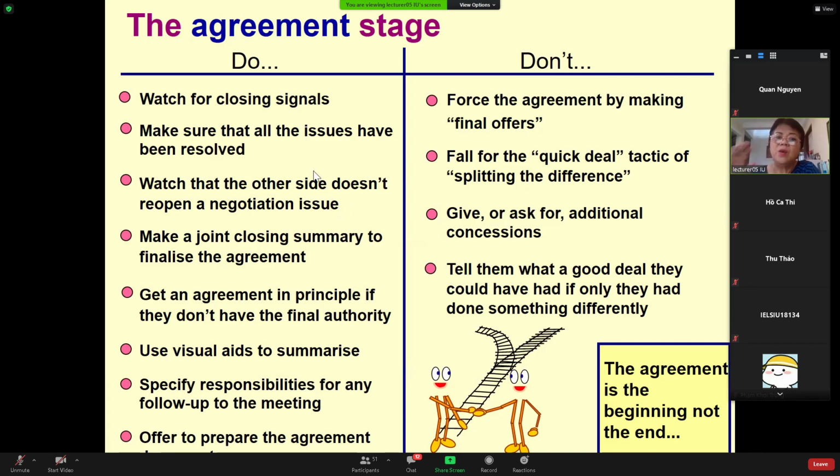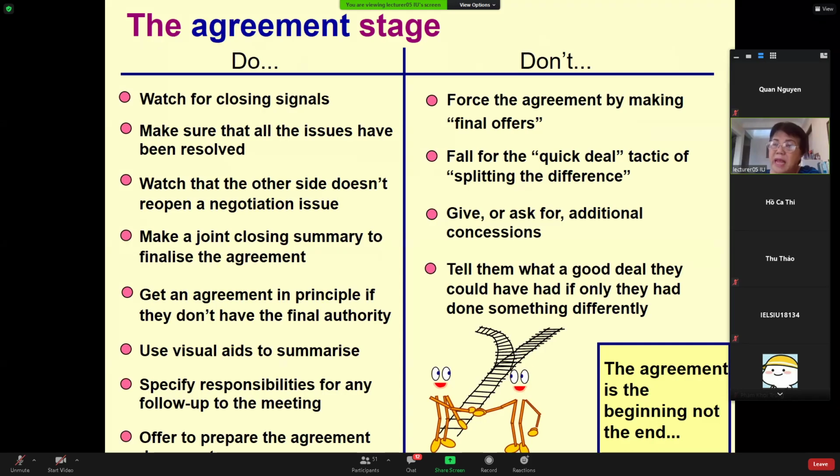We watch for the closing signal. During the negotiation, we always watch for the closing signal. We make sure that all the issues have been resolved. Sometimes not everything is resolved, but we note which issues have been resolved. Then we watch that the other side doesn't reopen the negotiation issues.